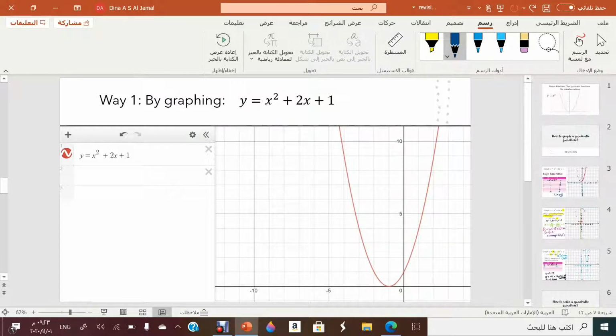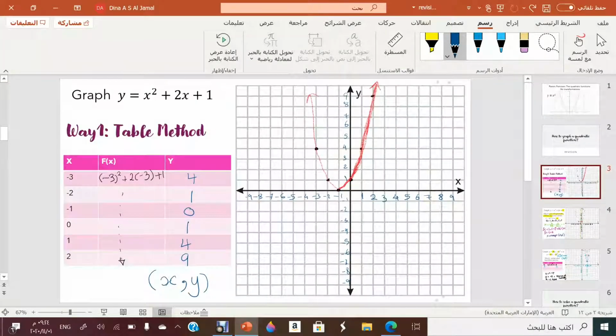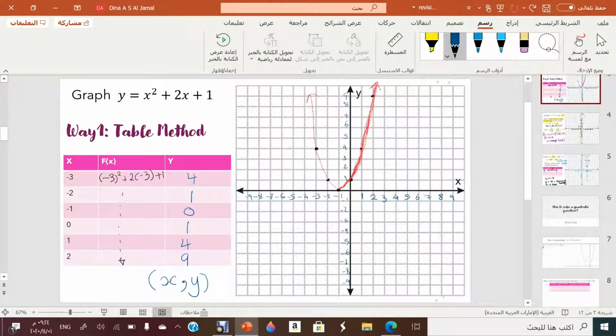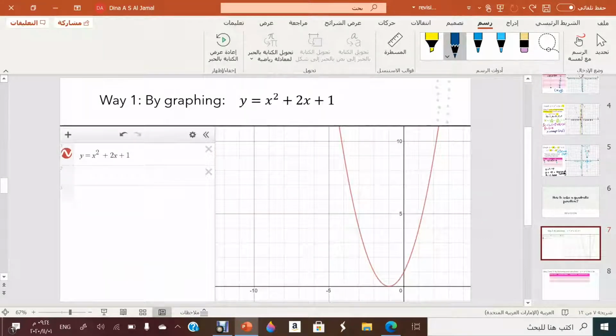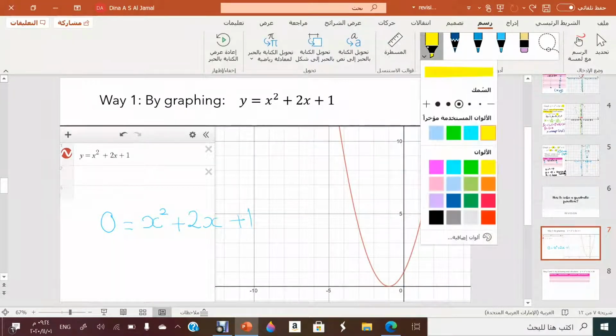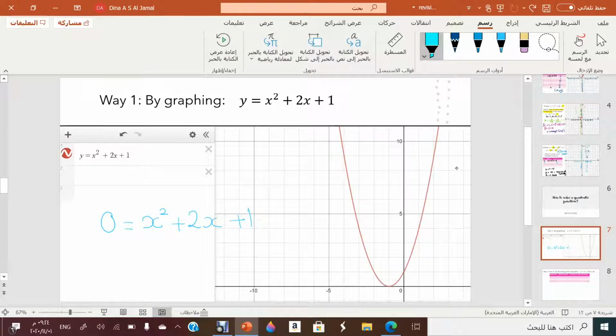After graphing, imagine that I asked you, solve this quadratic function. Of course, when you would like to solve it, you have to equate your y to 0. 0 equal x squared plus 2x plus 1.